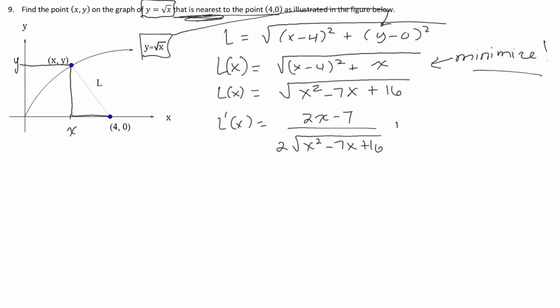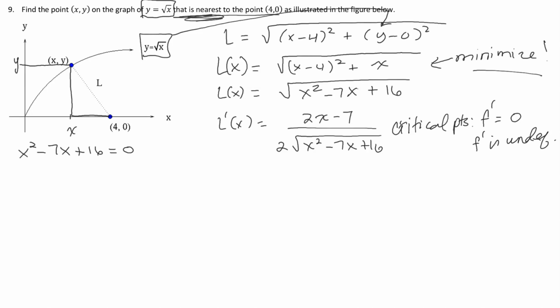Where are the critical points? A critical point is when the derivative is equal to 0 or when the derivative is undefined. The derivative is undefined when the denominator is 0, and the derivative is 0 when the numerator is 0 in this case. So when is x squared minus 7x plus 16 equal to 0?